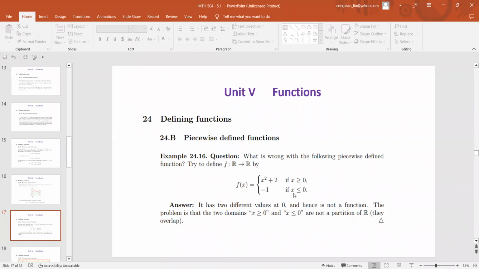Okay. And this partition is not correct because they're not disjoint. x equal to 0 belongs to both subsets of R. So it is not a partition of the domain.